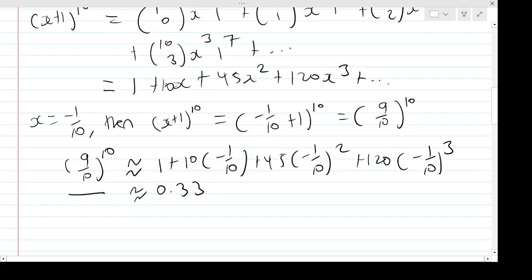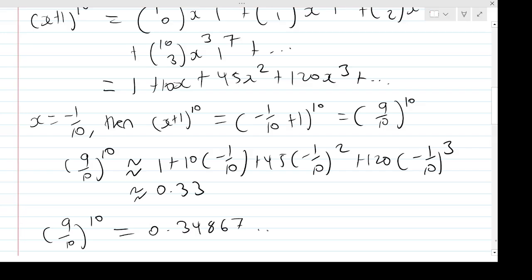There we are. Right, now how does that compare? If I were to put (9/10)^10 in the calculator exactly, that's equal to 0.34867. They're very, very close, aren't they?